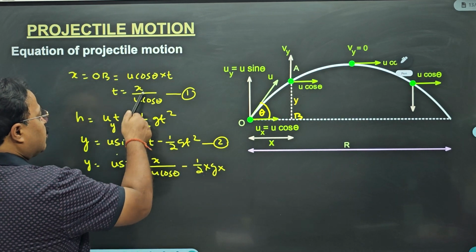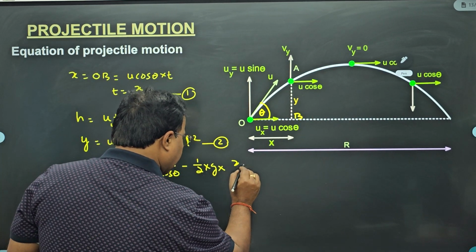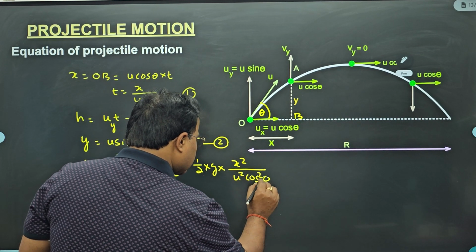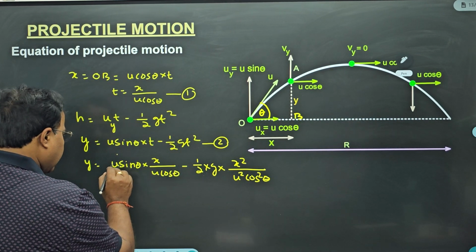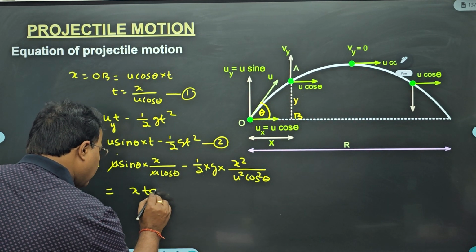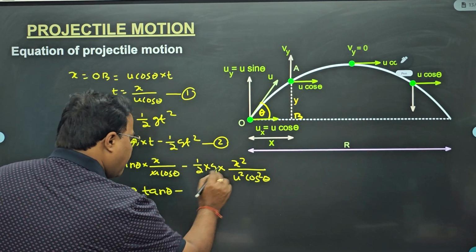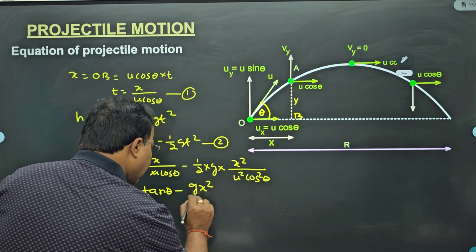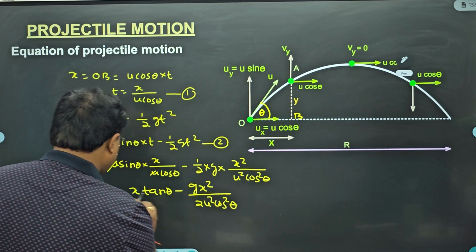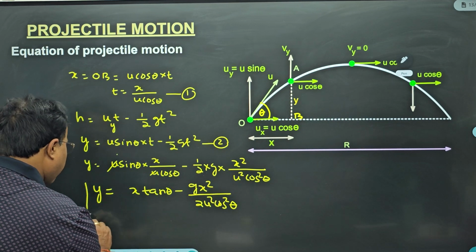What is t square? t square is equal to x square by u square cos square theta. Here u and u cancel. Sin theta by cos theta is equal to tan theta. So y is equal to x tan theta minus g x square by 2 u square cos square theta. My dear students, this is the equation of projectile motion.